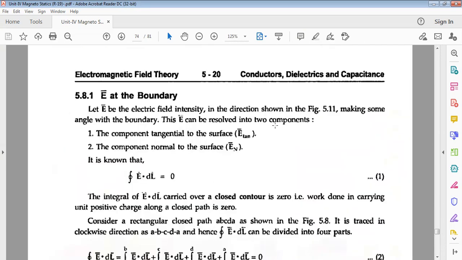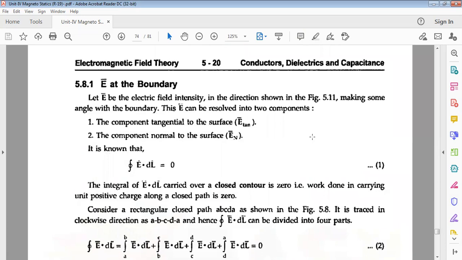Making some angle with the boundary, this E bar is resolved into two components: the component tangential to the surface, E tan, and the component normal to the surface, En. We know that the integral E bar dot DL bar is equal to 0.